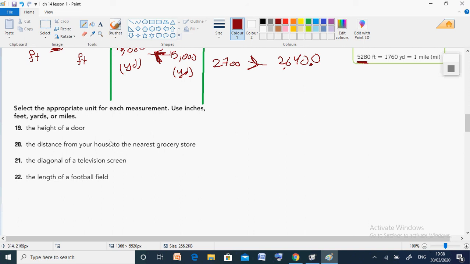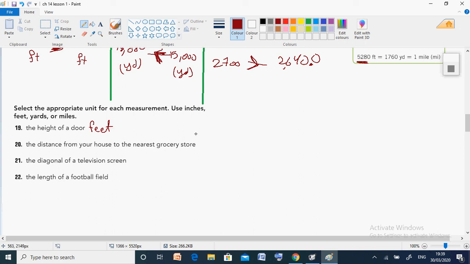So here I can say it's feet. I cannot measure my door using miles. Okay? I can say feet or inches or yards. So I will choose the appropriate one, which is feet. And the distance from your house to the nearest grocery store.